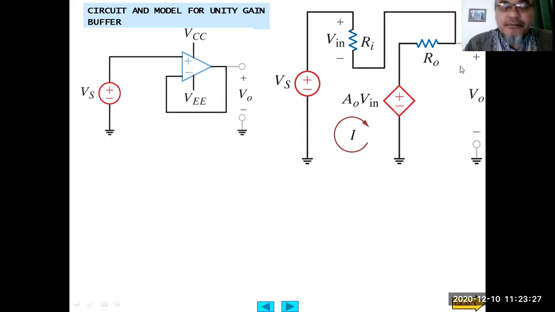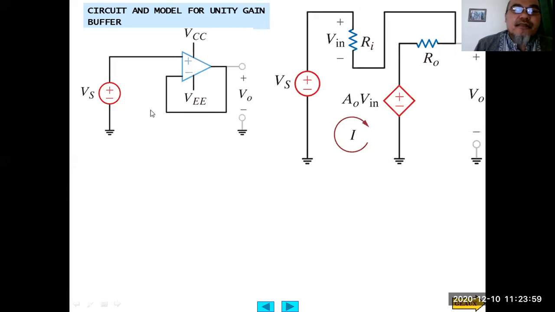This is sometimes needed because when you have a long wire, the voltage will drop because the wire itself has some resistance. To avoid that, the signal has to be amplified, but at a gain of 1. So then V output will be equal to V input.